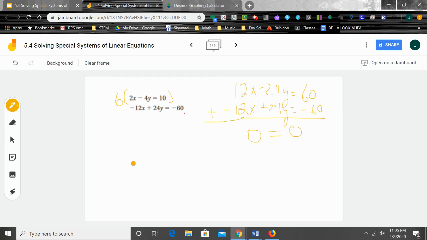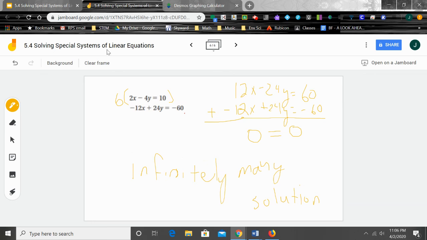Since 0 equals 0, this is what's called infinitely many solutions. Once you find an x value and a y value that work for this equation, that same exact x and y value will work here, and whatever x and y you figure out here, they will work here.